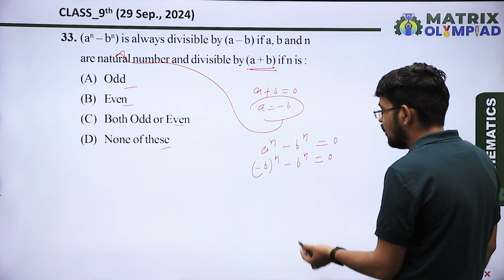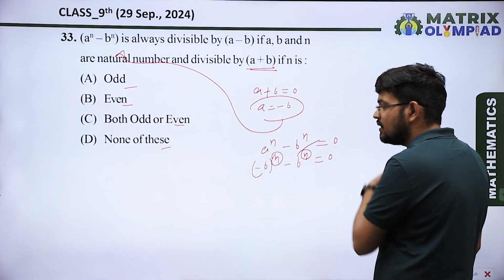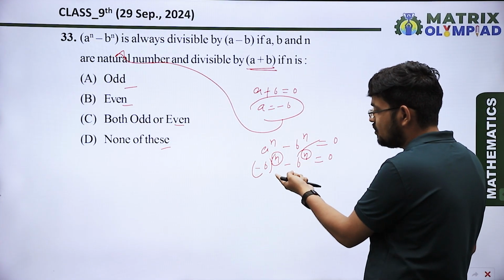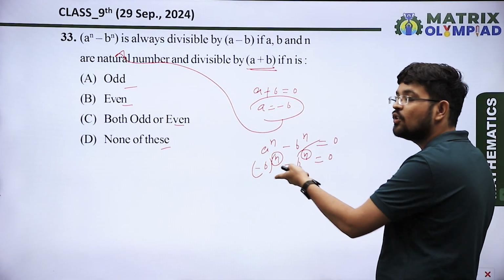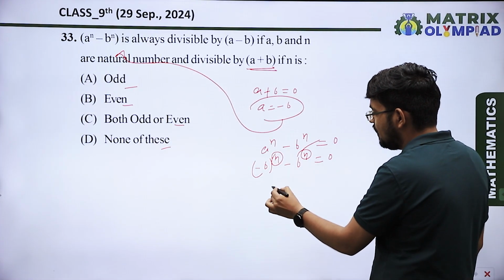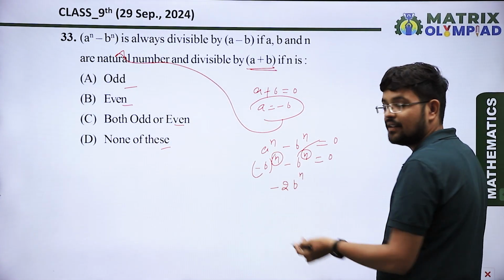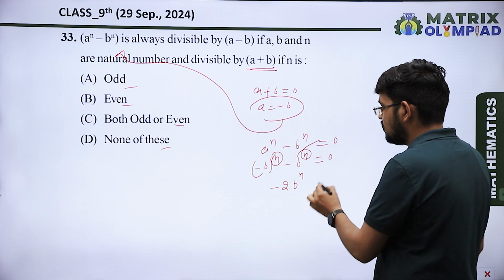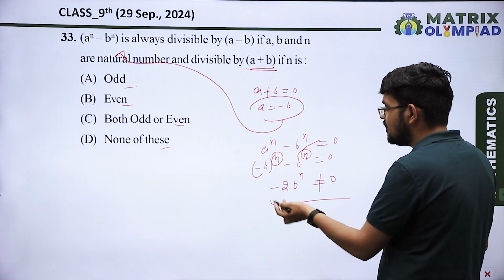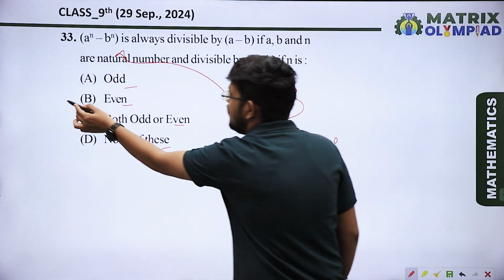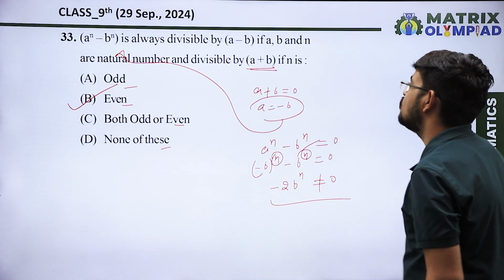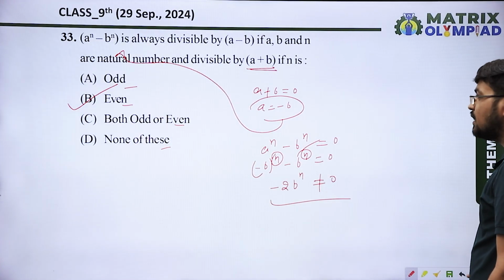It will be 0 only if n is an even number. If n is an odd number, in that case it will not be 0, because it will be minus 2b raised to power n. So only an even number should be there.